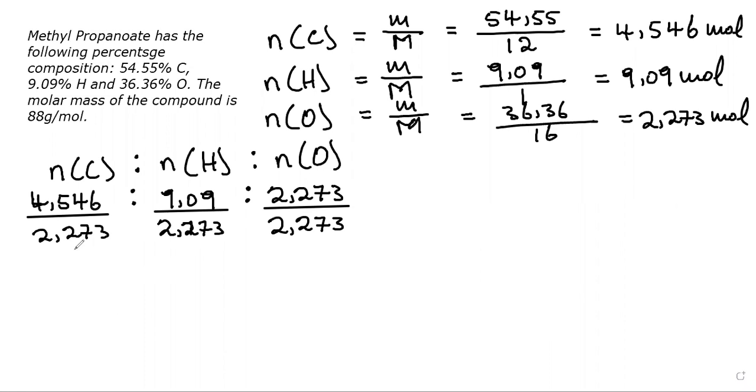So let's see how much we get if we say 4.546 divided by 2.273. Here we get a solid 2. What if we say 9.09 divided by 2.273?